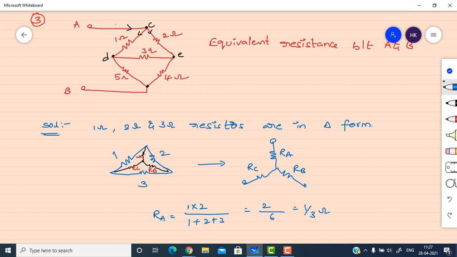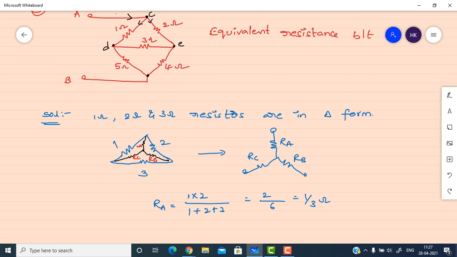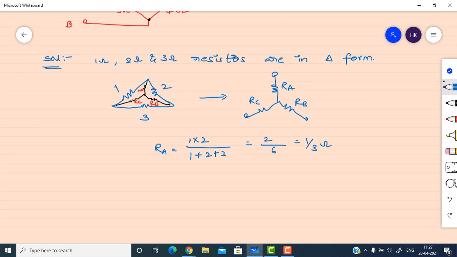Next RB. In the same way you can find out RB and RC. RB means 2 into 3 by 6, 1 ohm. Next RC means RC is connected between 1 and 3. So 1 into 3 by denominator same 6, 1 by 2.